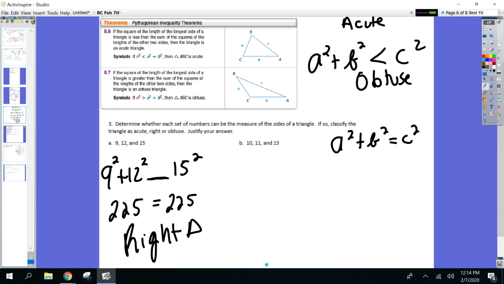10, 11, 13. So take the two smaller sides, 10 squared, 11 squared. How does it compare to 13 squared?